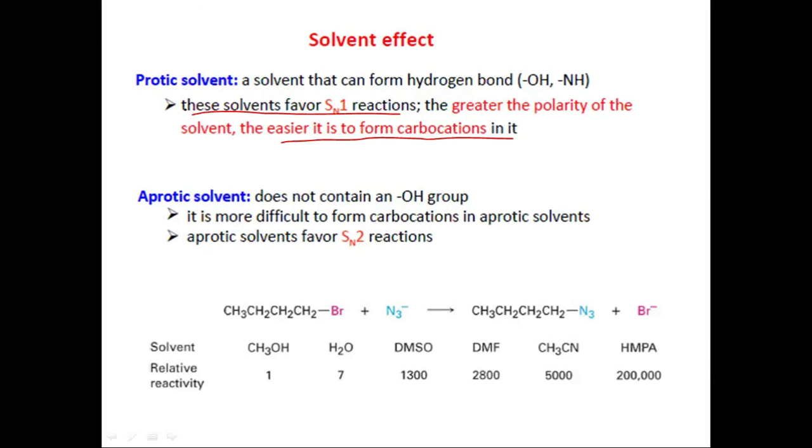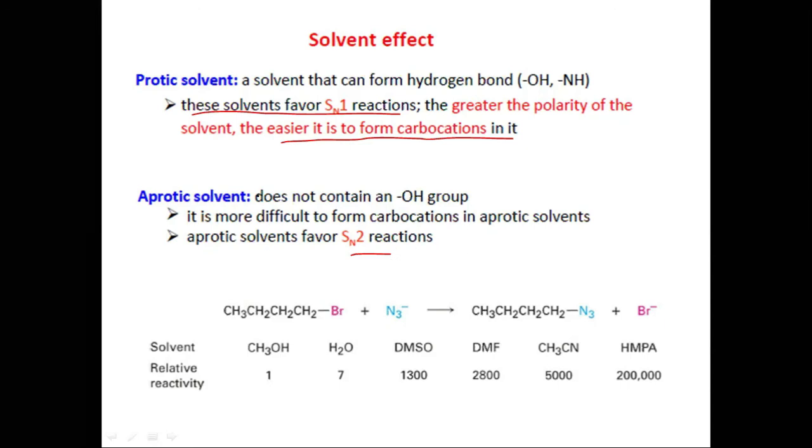Instead of a protic solvent, suppose you plan to use an aprotic solvent. Generally, an aprotic solvent does not have an OH or NH functional group. Then there is no question of hydrogen bonding, and it always favors the SN2 reaction. It is a single-step reaction, with no formation of carbocation, and no hydrogen bond donating ability from the solvent.